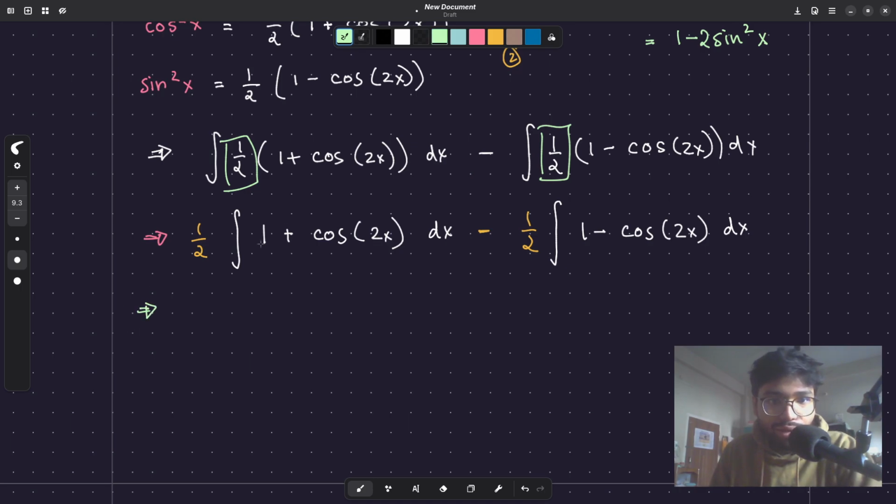Let me keep the 1/2 over here. And let's integrate this. So we got 1 dx, that is simply x, plus, as I said, half, because of the u sub, we got this thing over here. Again, sorry about that. We gotta integrate this, so that would be sine of 2x.